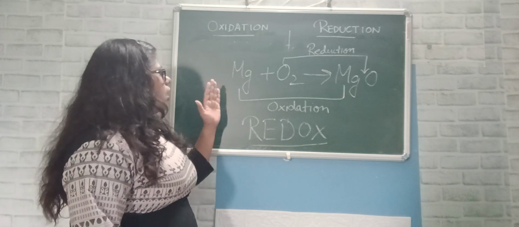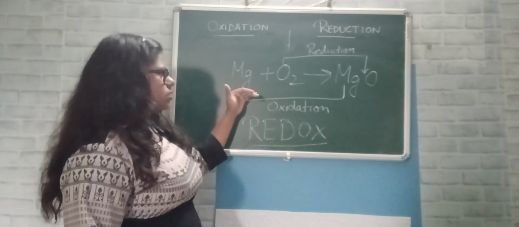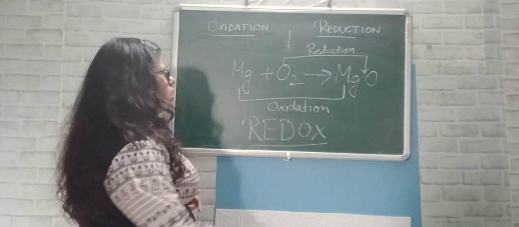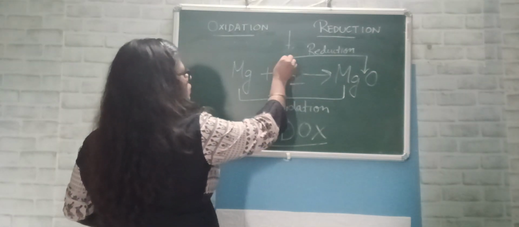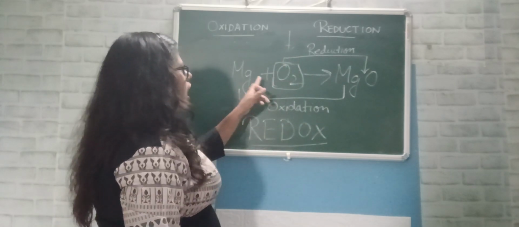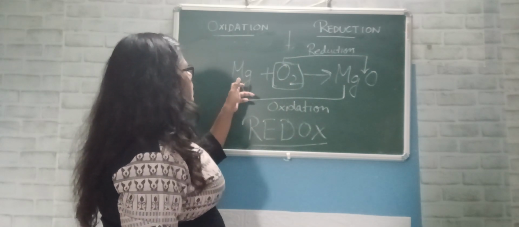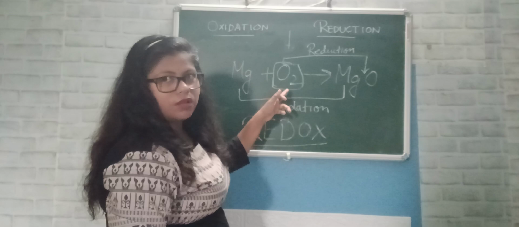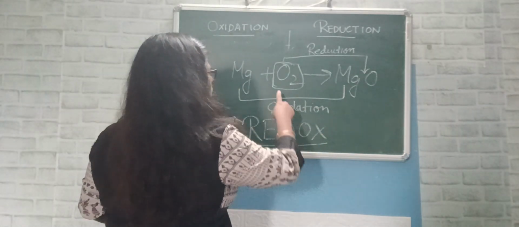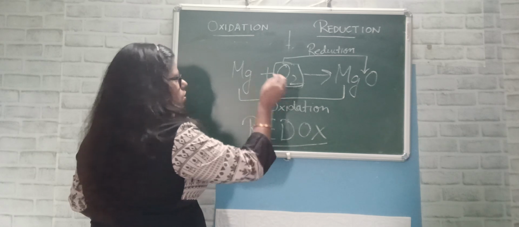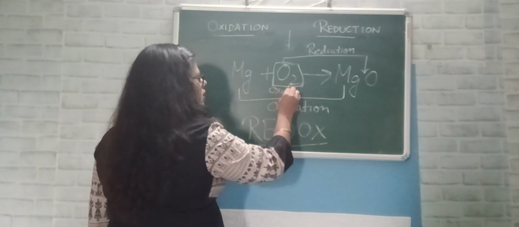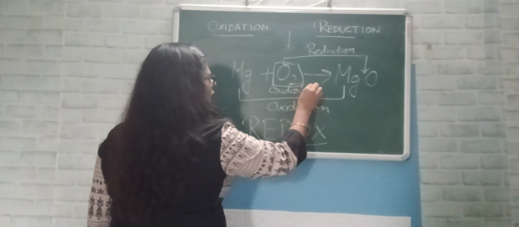Similarly, an oxidizing agent is one which helps in oxidation. If there were no oxygen in this reaction, then who would take the lost electron? Who will help magnesium to be oxidized? As oxygen helped in this oxidation process, oxygen will be the oxidizing agent.